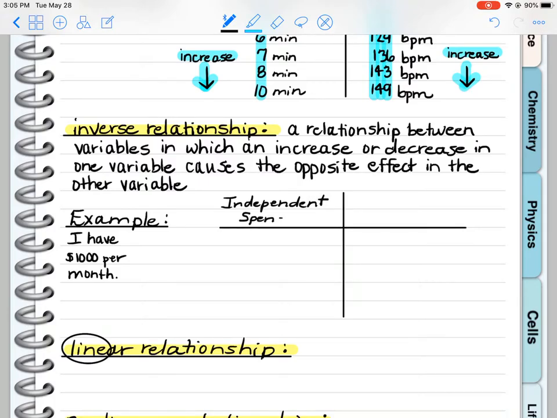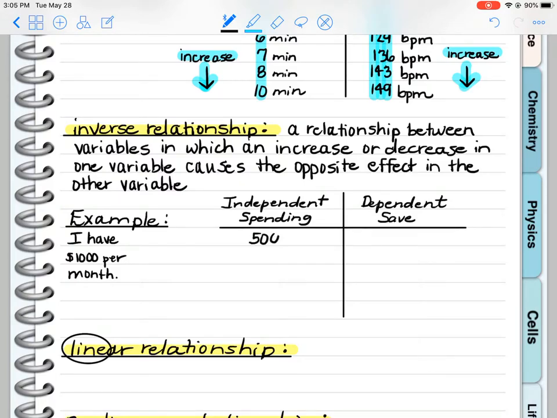How much of that 1,000 do I spend? And then my dependent is going to be how much of that 1,000 do I save. So if I'm not spending it, I'm going to put it into the bank. And my savings depends entirely on how much I spend, because the more I spend, the less I'm going to have to save.